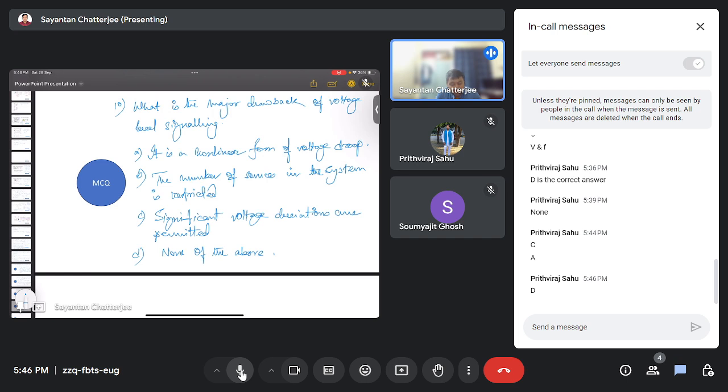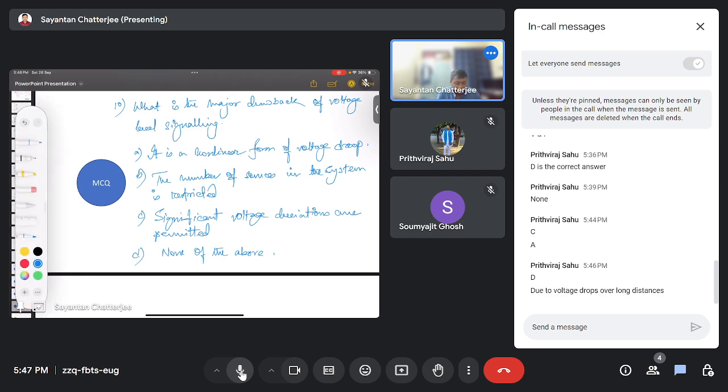So C, A, D, all three are incorrect. That means we are left with one option, which is the correct one: the number of sources in the system is restricted.